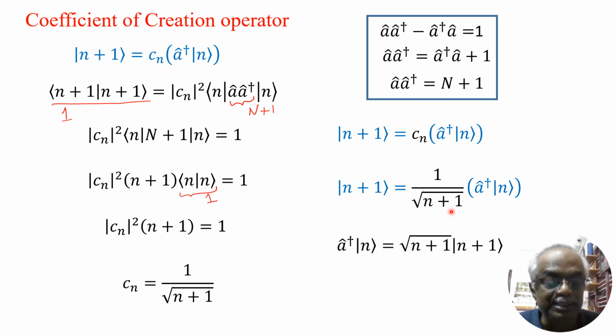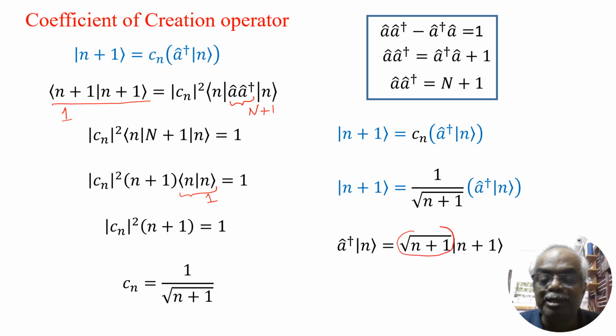So a†|n⟩ is equal to the square root of n+1 times |n+1⟩. So when a† acts on the ket |n⟩, you will get the square root of n+1, that is the expansion coefficient, with the ket vector |n+1⟩. Remember that here it is the square root of n+1.